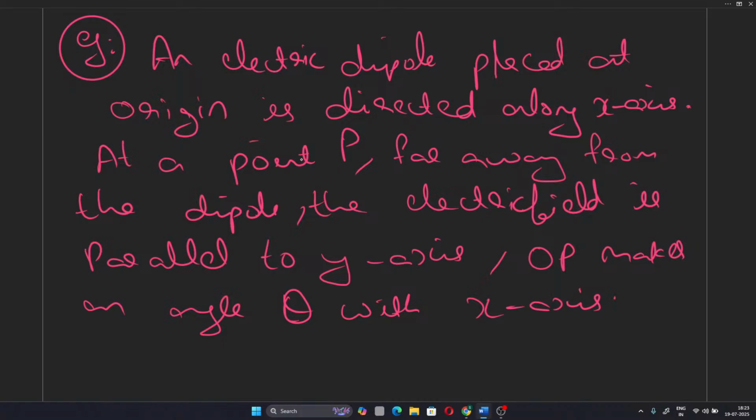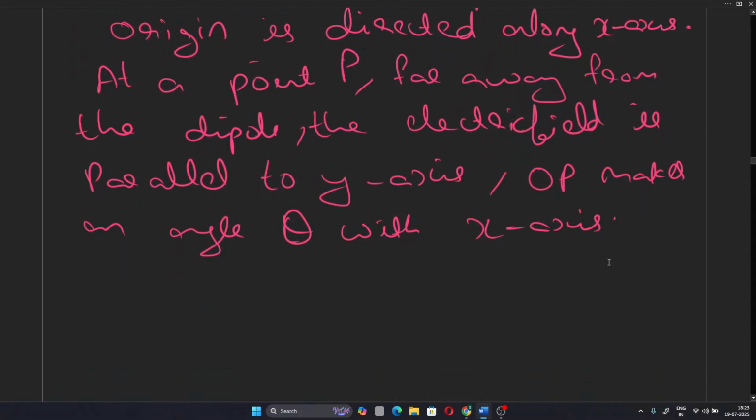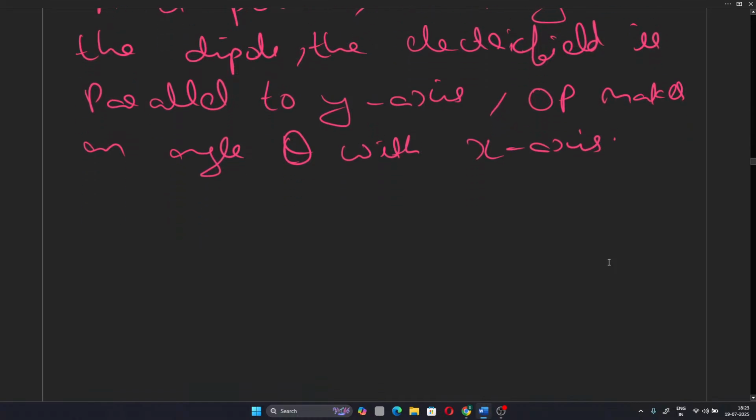The second is that at a point P far away from the dipole, the electric field is parallel to the y-axis, and the line joining origin and point P makes an angle theta with the x-axis.